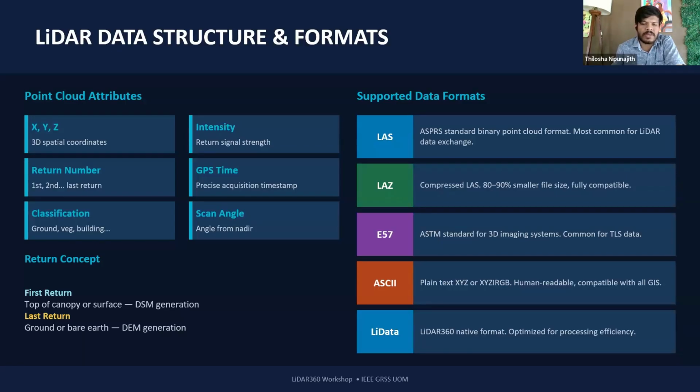So when it comes to deriving the raw file, it comes in this format. And also there is the LiData format, and it's exclusive to LiDAR360 software. So if you are using Green Valley produced scanners for your data collection, you can get the LiData format directly using those scanners, so you don't have to do conversions there. Otherwise, you have to do a conversion to the LiData format.